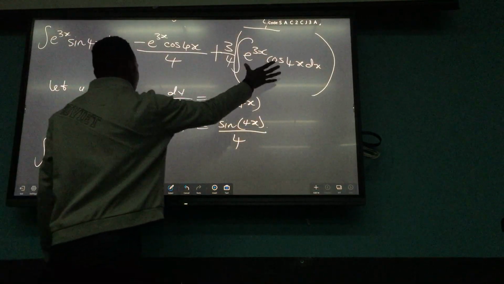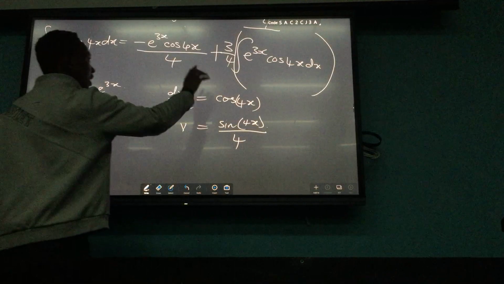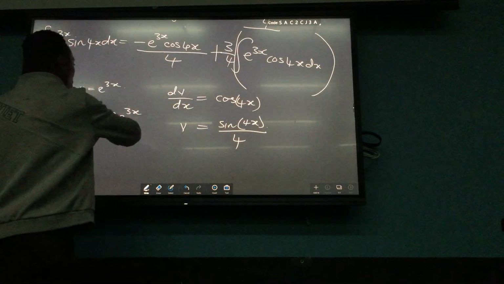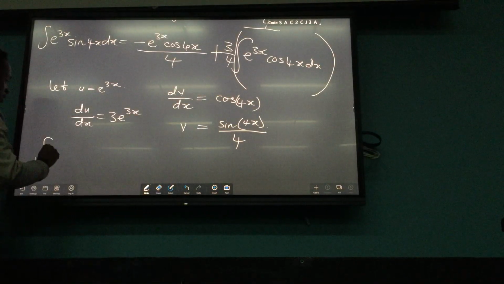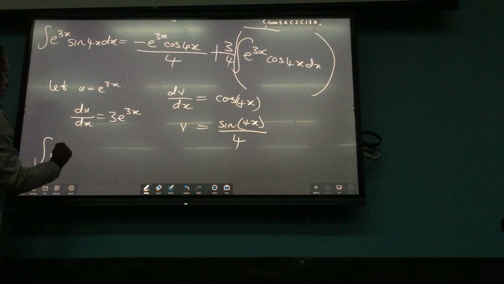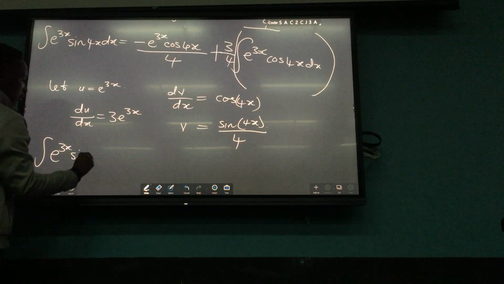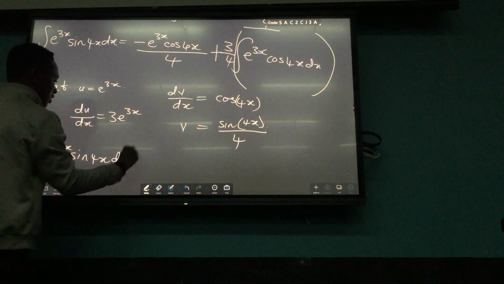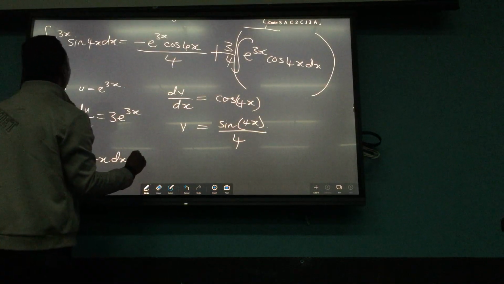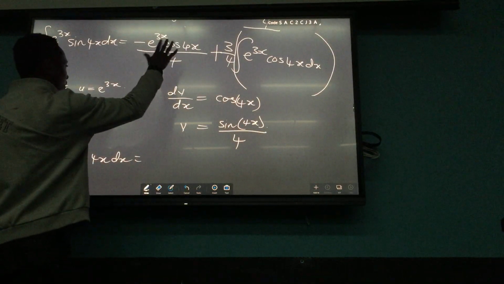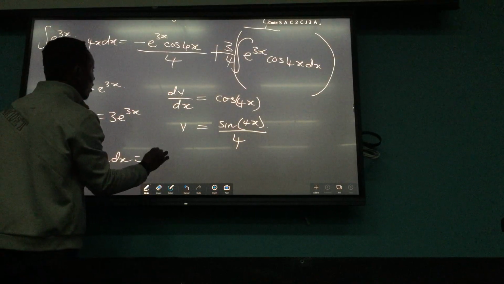Then when we get here, that's when we apply integration by parts for this one, using what we got here. So that's going to give us the integral of e to the 3x sine 4x dx equals, we're going to have this here, nothing changed there.